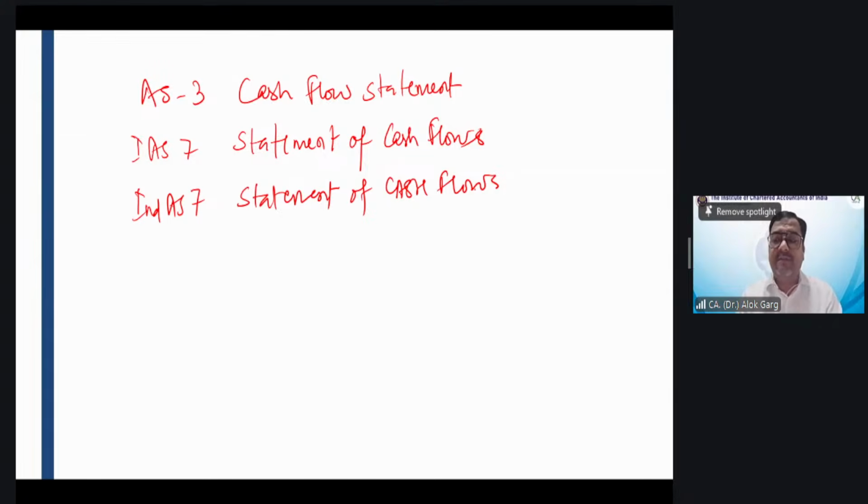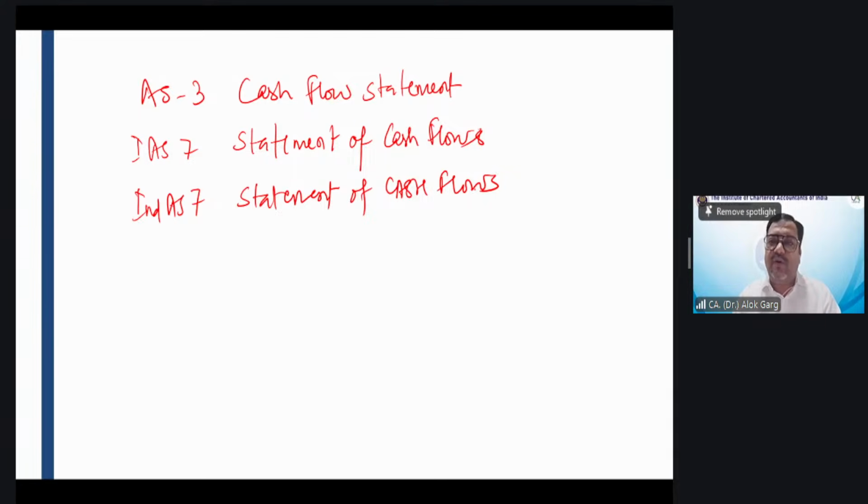Now, my dear friends, one thing I will tell you as a chartered accountant. You are not a student, you are a chartered accountant. In Accounting Standard 3, the term is cash flow statement. In Ind AS 7, the title is statement of cash flows. For example, you are an article assistant pursuing your articleship, and your principal, your CA, has given you two balance sheets.